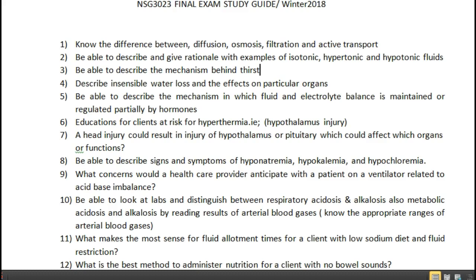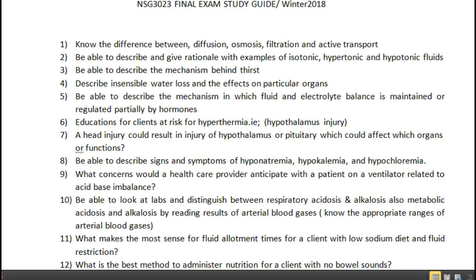Describe insensible water loss and effects on the particular organs. Okay, the best way for me to explain this is to say that fluid output usually occurs through various organs, and there are primarily 4 organs responsible for fluid output.